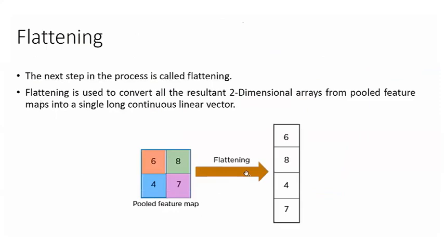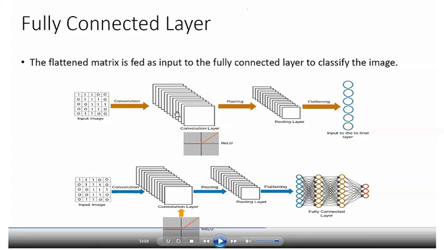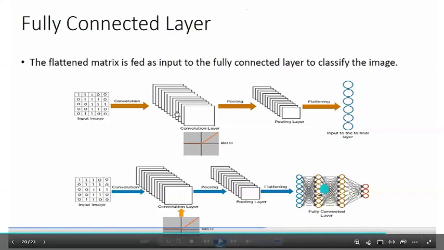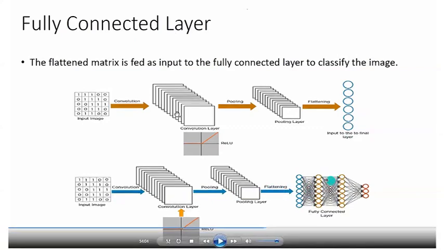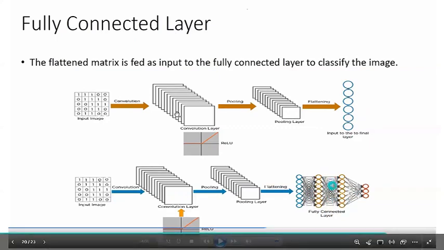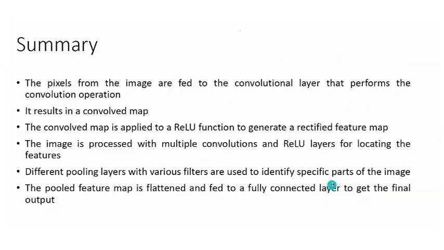So finally we have this kind of linear vector. Now this linear vector will be the input to the fully connected layer. So this is a fully connected layer after pooling, after flattening. Then this fully connected layer we use to extract a formula. That is the thing. So I think I explained everything.